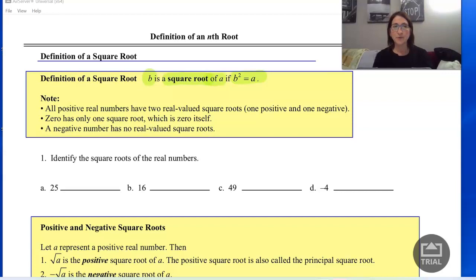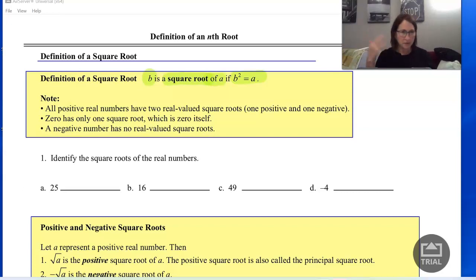All positive real numbers have two real valued square roots, one positive and one negative. 0 has only one square root, which is 0, and a negative number has no real valued square roots. So that's our definition of a square root.